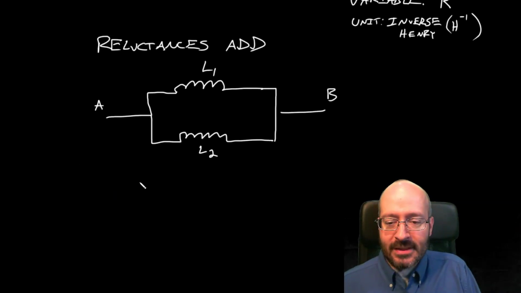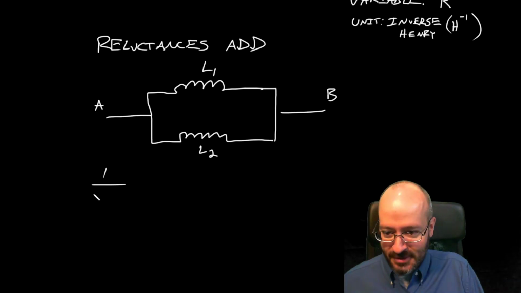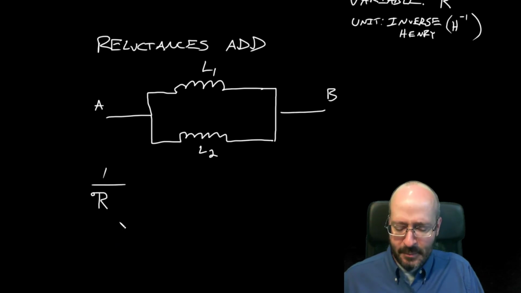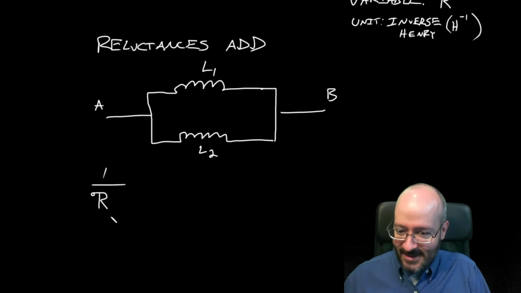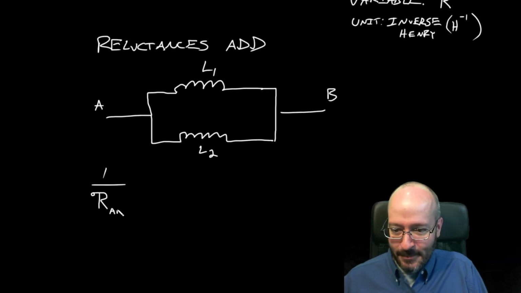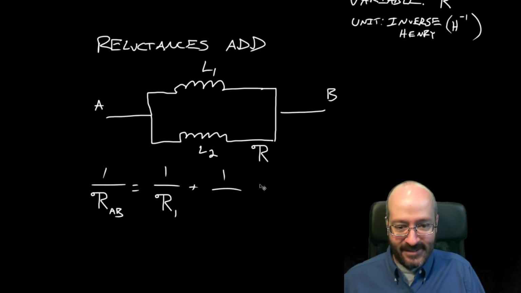So we play the same game where we have 1 over, I have to write this script R. Totally going to cheat in a second here. Hold on. If I'm going to cheat, I should do it right. There's my script R. R_AB equals 1 over the first reluctance plus 1 over the second reluctance.